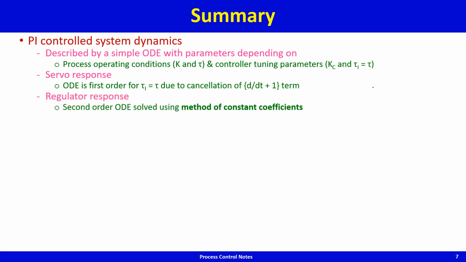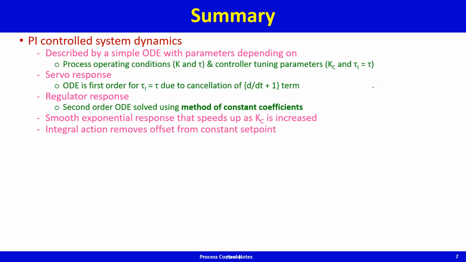Regulator response is a second order ODE which was solved using the method of constant coefficients. In all cases the response is smooth, a smooth exponential that speeds up as Kc is increased. The integral action removes offset from the constant set point, and finally the temperature ends up at set point.